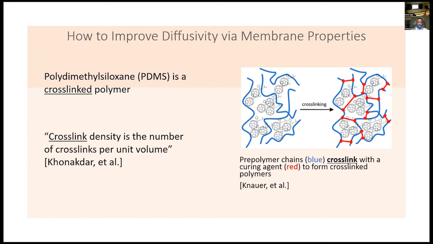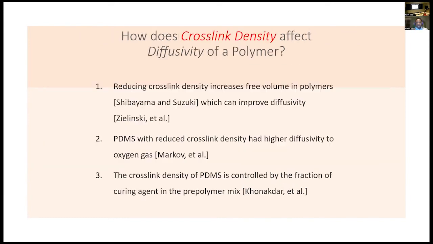A very important factor of cross-linking is the cross-link density, the number of cross-links per unit volume. And so, maybe this is something we can study. We did some research into cross-link density and found that reduced cross-link density increases free volume in polymers, which improves diffusivity.